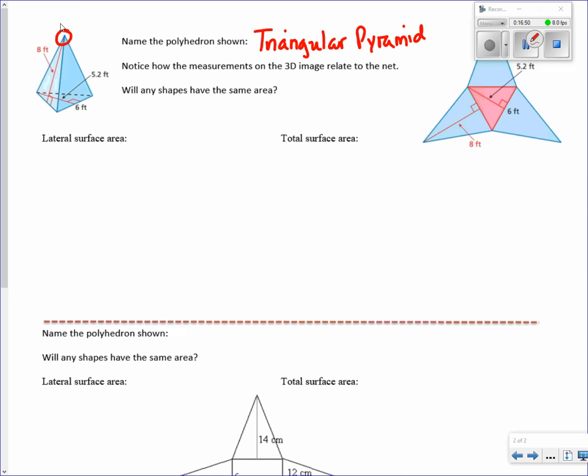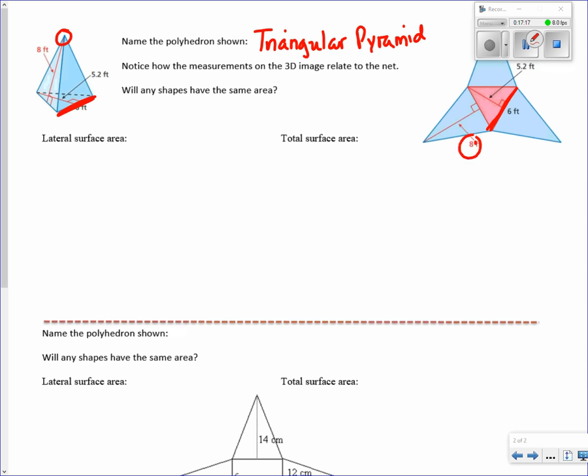So it says, notice how the measurements on the 3D shape relate to the net. So, like here, on my base, my side is 6. So over here, my side is still 6 on the base, and so on. Okay? So, will any shapes have the same area? So when we come over here and we look at our sides, it looks like all the heights of my sides of my pyramid are going to be 8 feet.